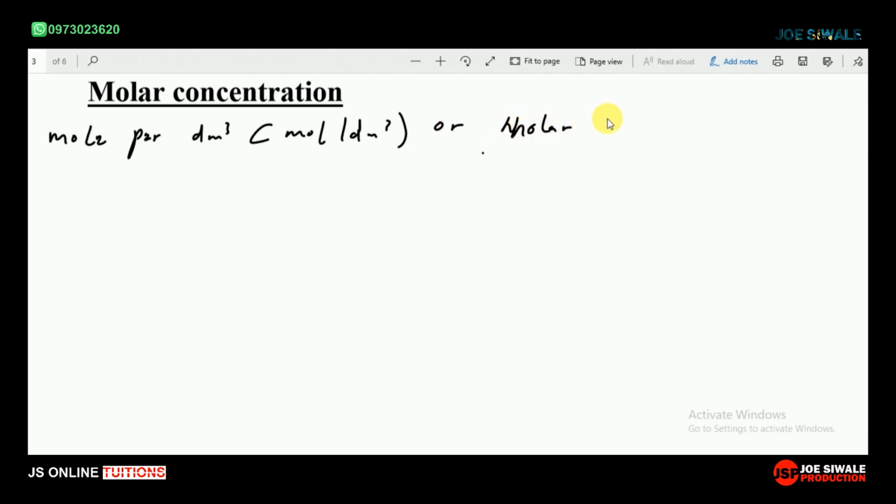So we have molar represented as capital letter M.